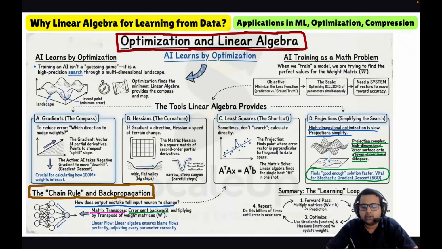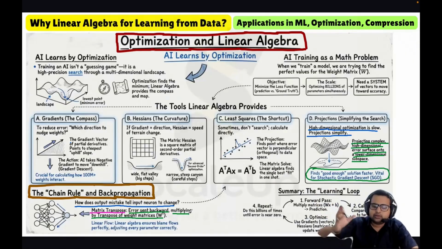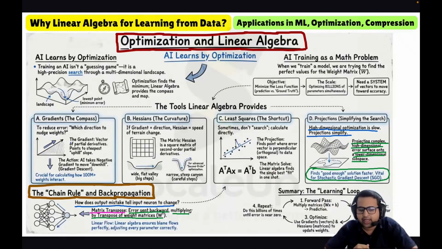This involves multiplying the error vector by the transpose of the weight matrix. So that is what back propagation is. Whatever the error was, we send the error backward through the network, and in every layer we multiply the error vector by the transpose of the weight matrices.